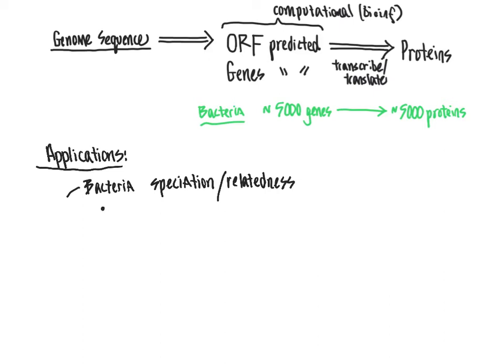Also, in terms of clinical relevance, we can use genome sequencing as a tool to evaluate different bacterial pathogens that are from the same species, where some pathogens may be more virulent than others or more capable of causing serious illness than others.